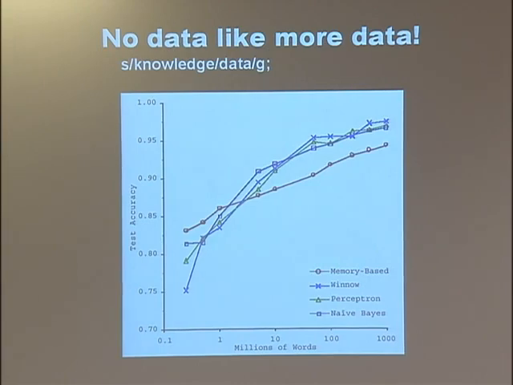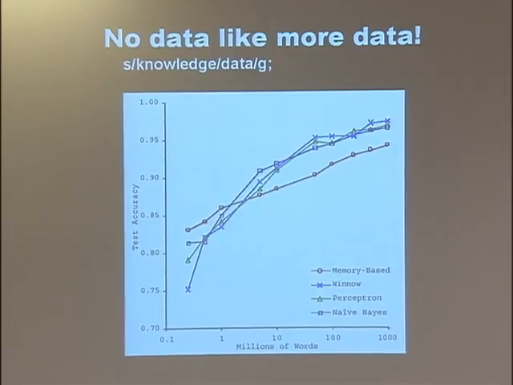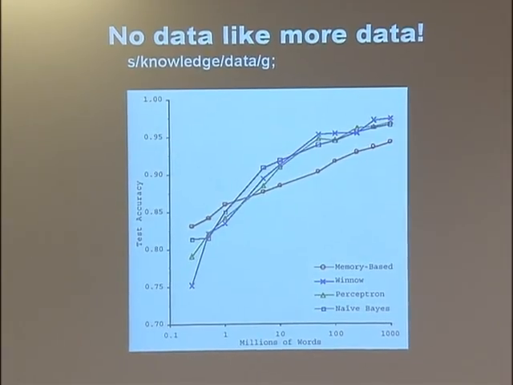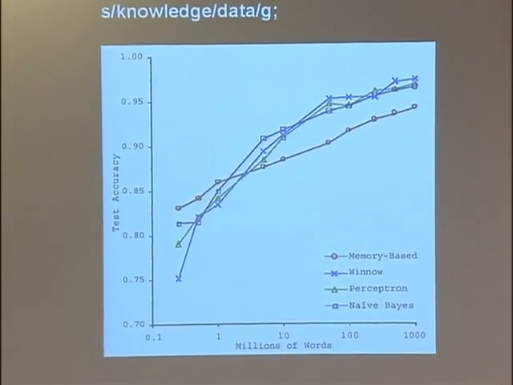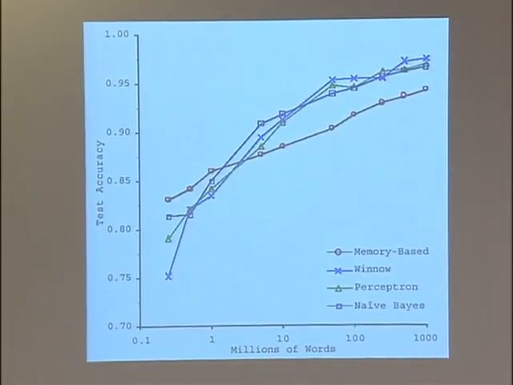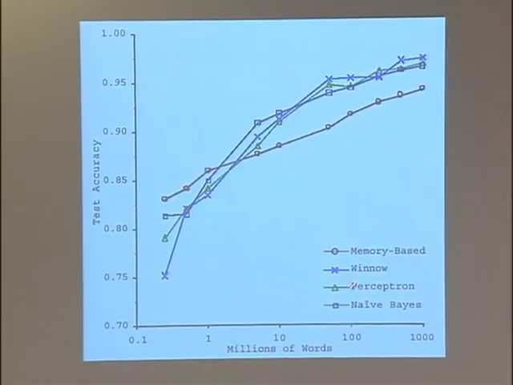On the x-axis you have the amount of training data in millions of words, and on the y-axis you have test accuracy, so precision. You have the plot of various techniques. This is work by Banko and Brill, quite a well-known paper in the field, published in ACL 2001. You'll note that basically the more data you throw at it, holding everything else constant, stuff just gets better.